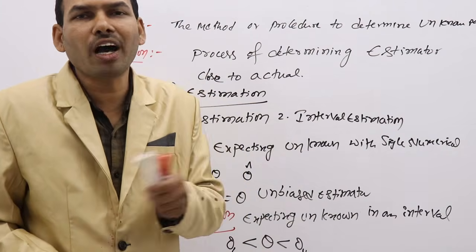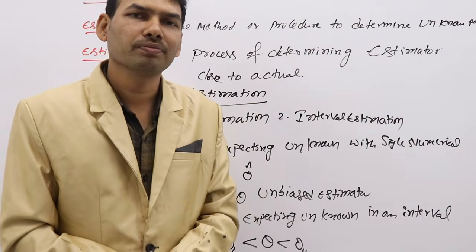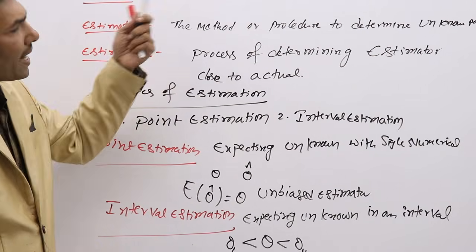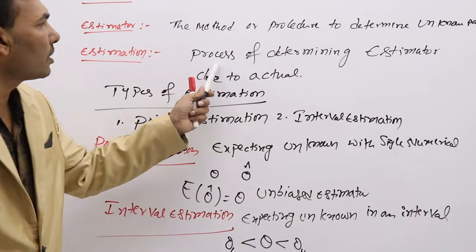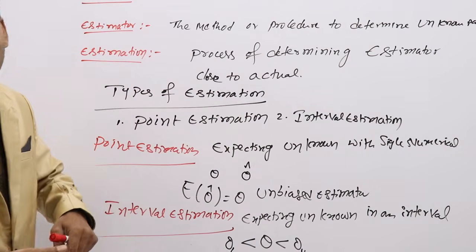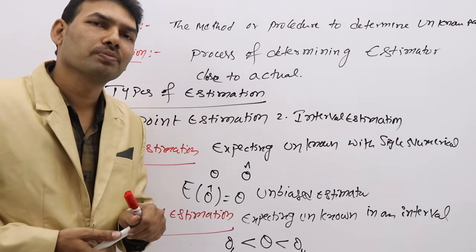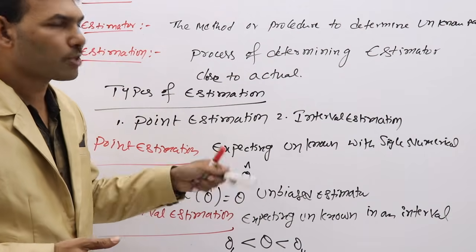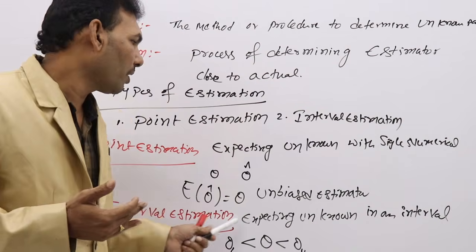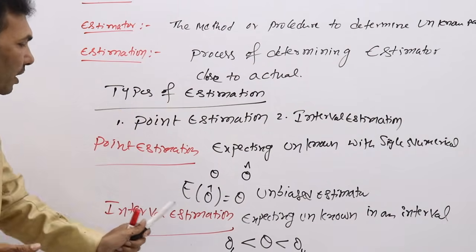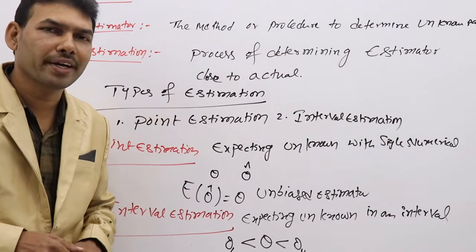You may get 50 or you may not get 50. To say I am getting 50 marks, you undergo one process. That process is called the estimation process. The types of estimation: expecting the unknown with a single value is point estimation, expecting the unknown with an interval is interval estimation. Very clear?